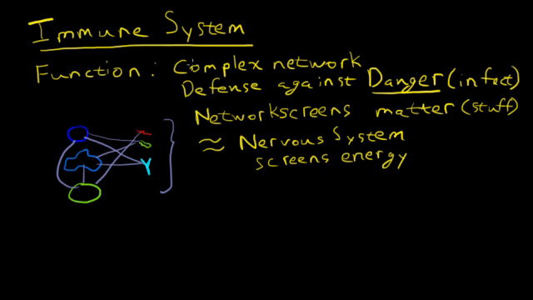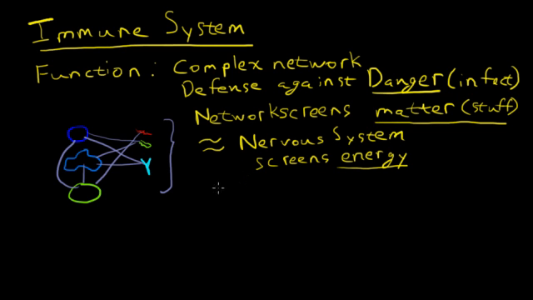The immune system is a complex network that screens matter instead of energy. And in that sense, it works in parallel with the nervous system. This one controls the response to energy, and this one controls the response to matter.